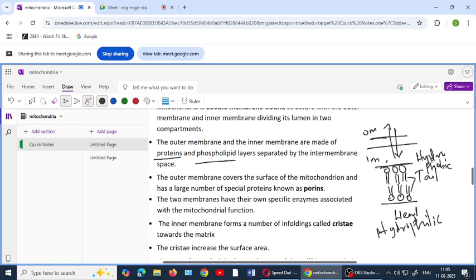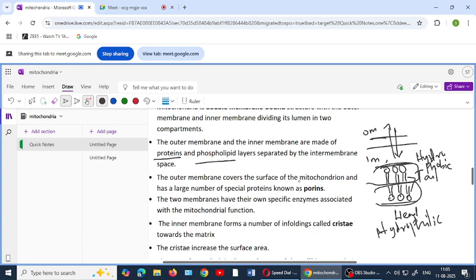So this structure is the phospholipid bilayer. Two layers are there. This is one layer, this is another layer. So phospholipid layers and proteins are present in the outer and inner membrane. Did you get it? Do you have any doubt in these structures?